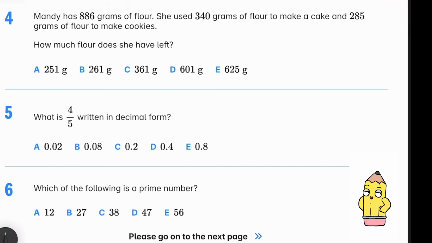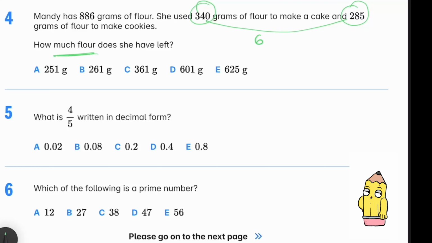Question 4. Mandy has 886 grams of flour. She used 340 grams of flour to make a cake and 285 grams of flour to make cookies. So how much flour does she have left? First we need to find out how much flour she's used, right? So that's 340 and that's 285.